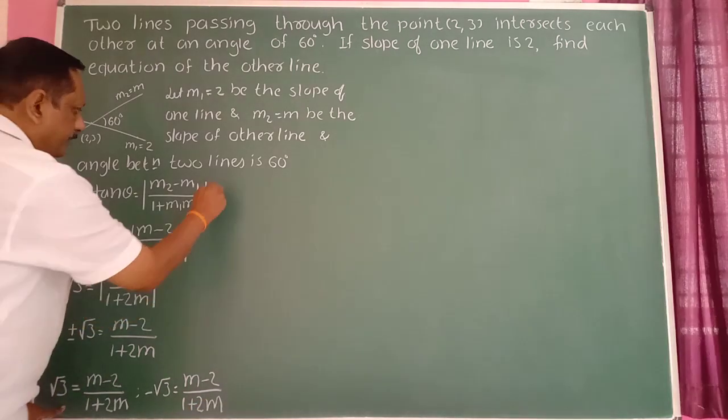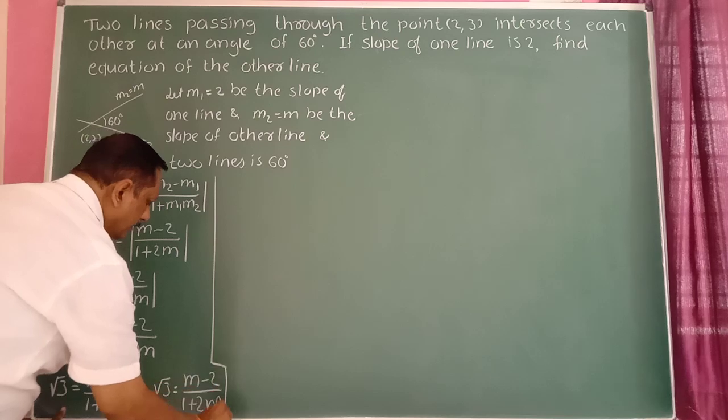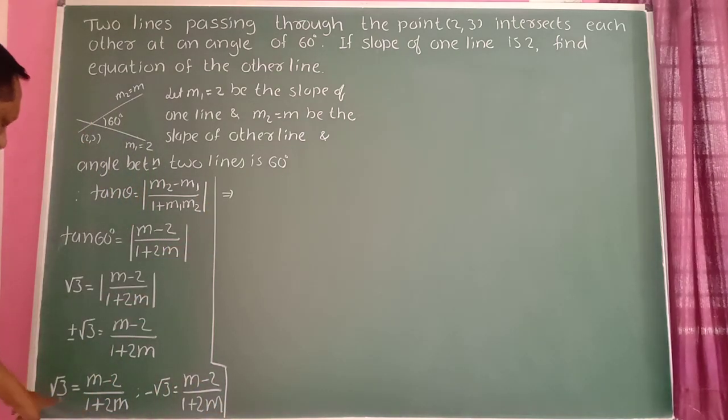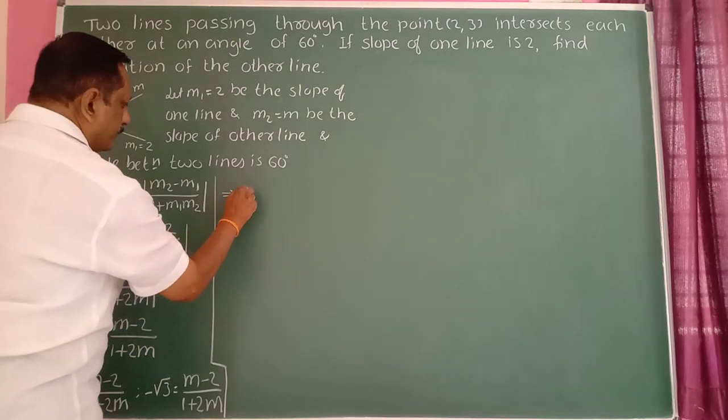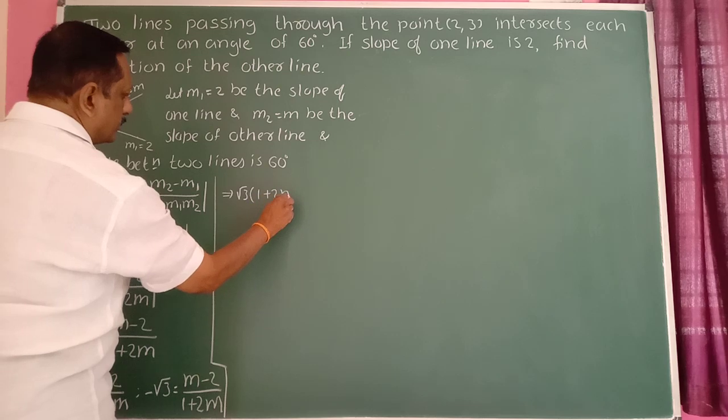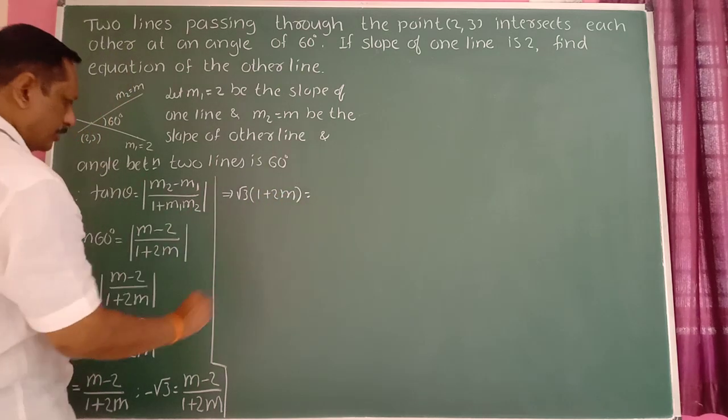Therefore, taking the first result, cross multiply, taking 1 plus 2m to this side: root 3 into 1 plus 2m is equal to m minus 2.